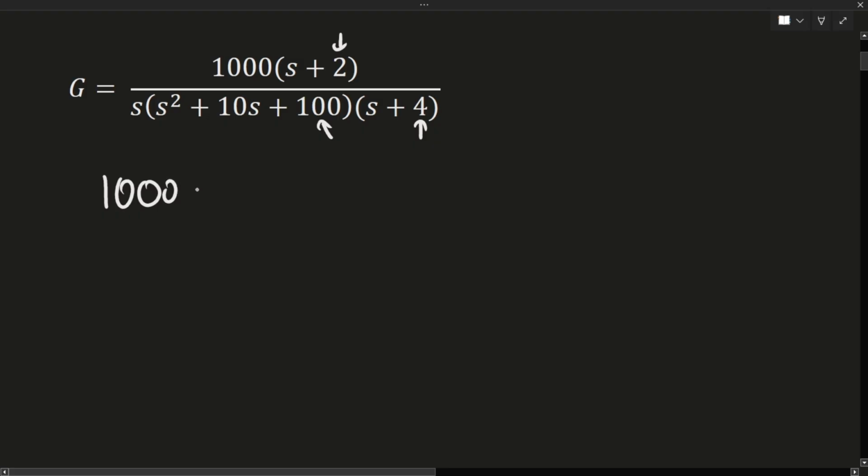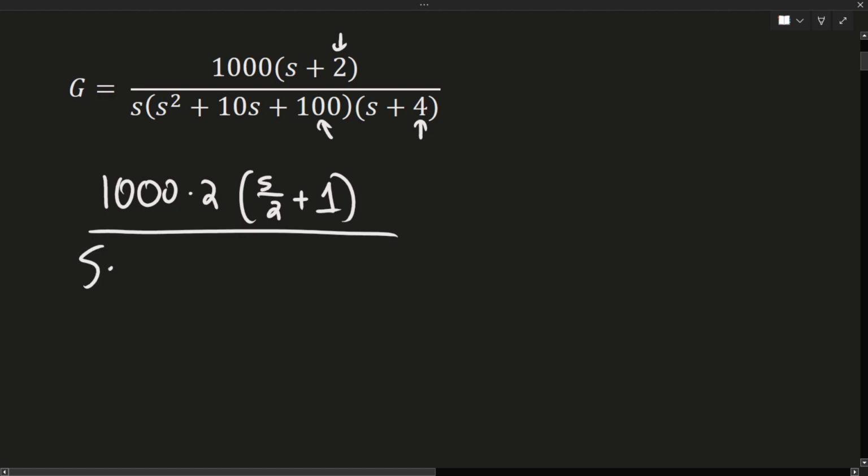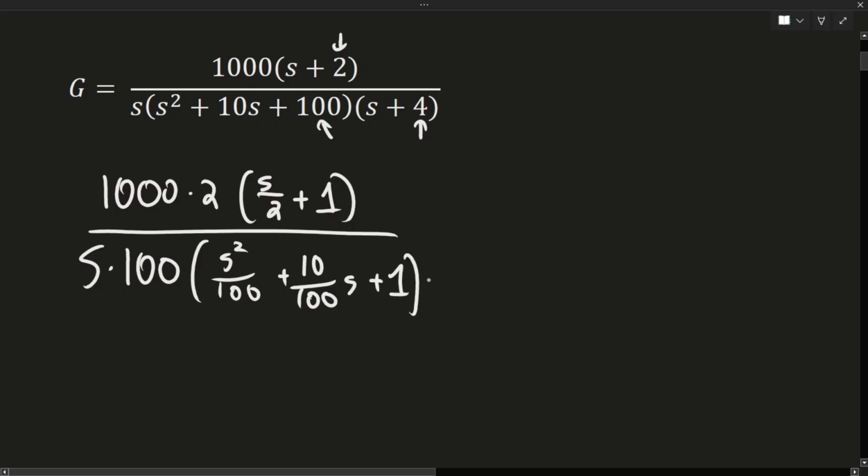So 1,000 times 2. Here we factorize the 100. And finally, you factorize the 4.